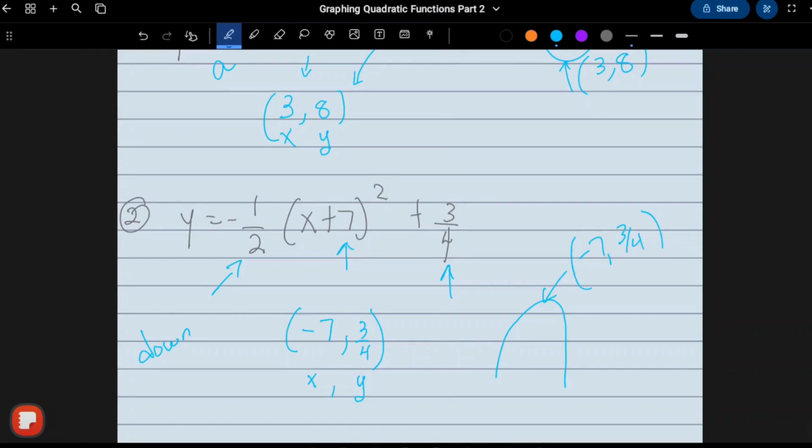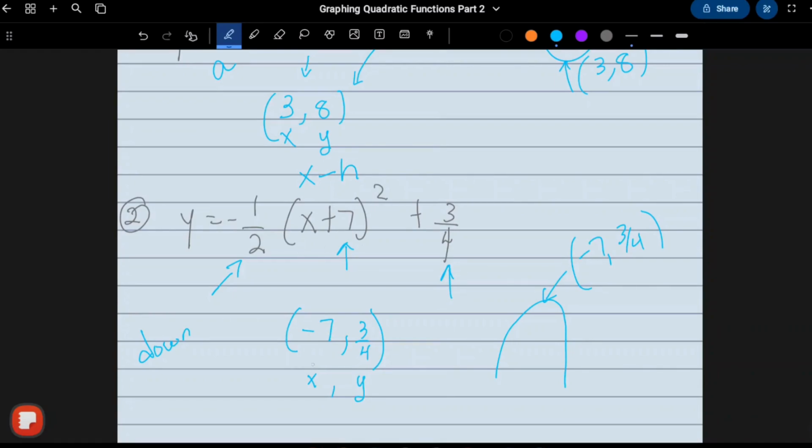Now you may be wondering, why do I have negative 7 when it's positive in parentheses? Well, the formula is x minus h. But here in my equation is x plus 7.